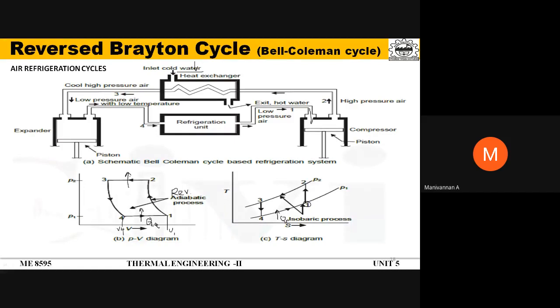So the heat is rejected to the surroundings, or the cold water, and my air becomes cold, high pressure air. So from 2 to 3 is a constant pressure heat rejection process.